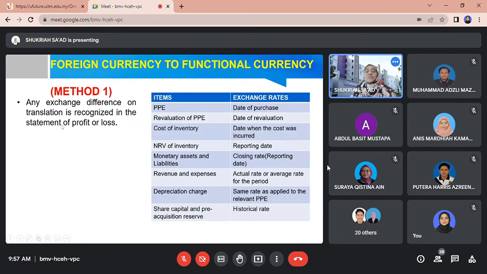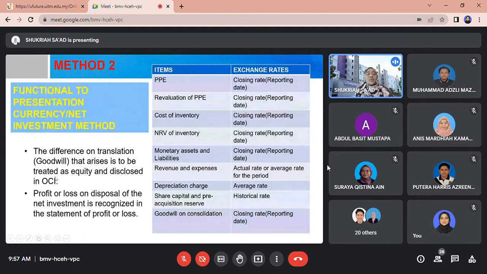Method satu yang tadi lah, functional currency equal to parents. So kalau guna yang tu, ini dia punya exchange rate yang kita kena apply. Okay. Method nombor 2, yang mana functional currency not equal to parents.